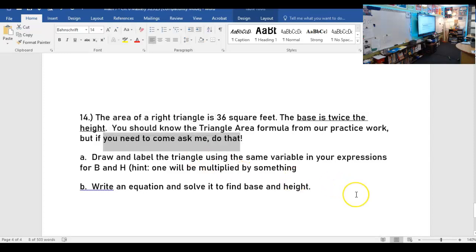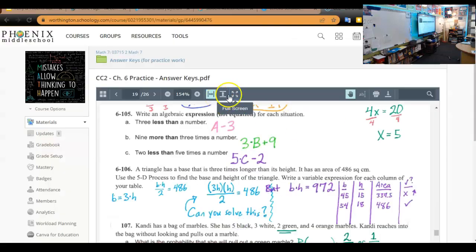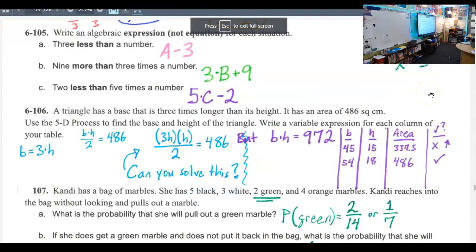So let's remind ourselves what the area formula is for a triangle. Who can remind us what the area formula is for a triangle? Max? Base times height divided by 2. Yeah. It is base times height divided by 2.